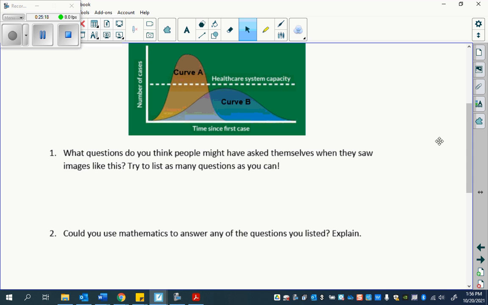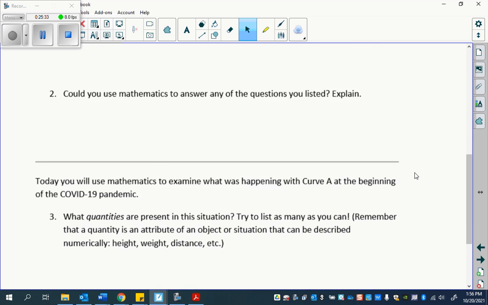The quantities are like. What do you think that these could be representing? Like what factors? Because, I mean, yes, but.